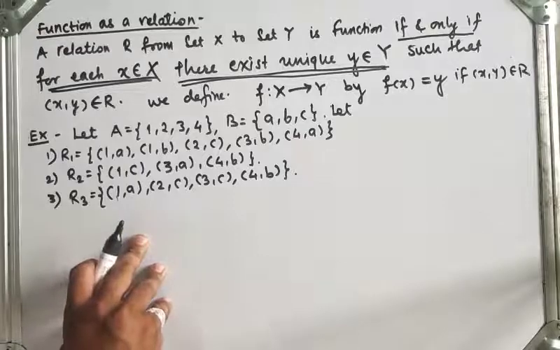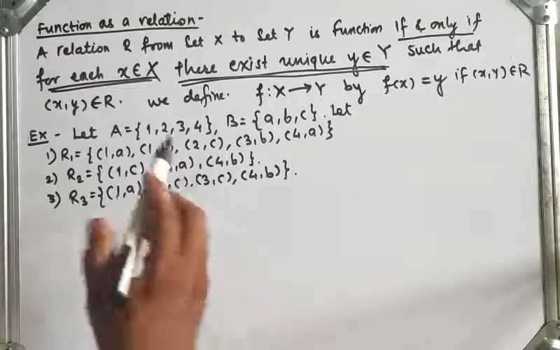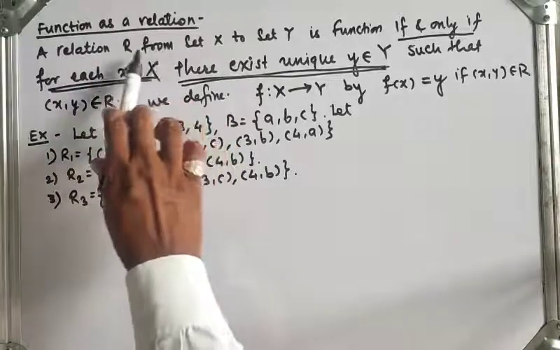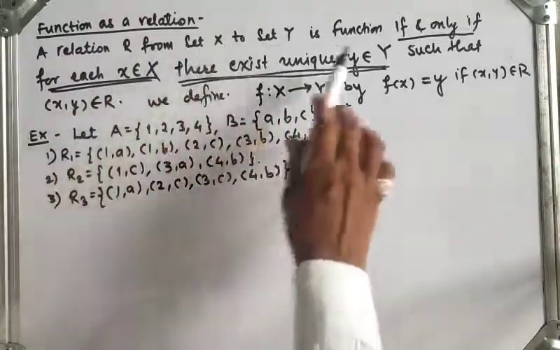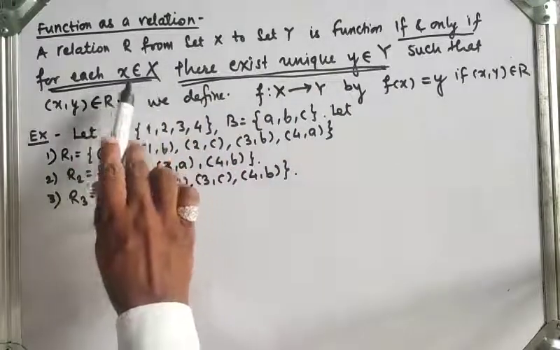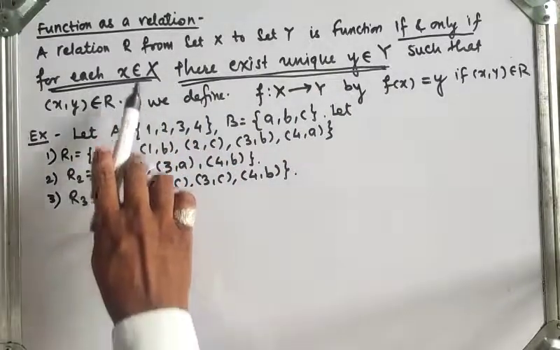Here we have given the definition for function. A relation R from X to Y is a function if and only if for each x belongs to X, meaning in the domain.